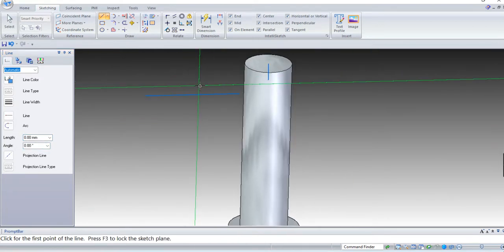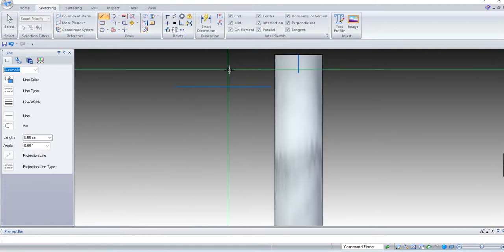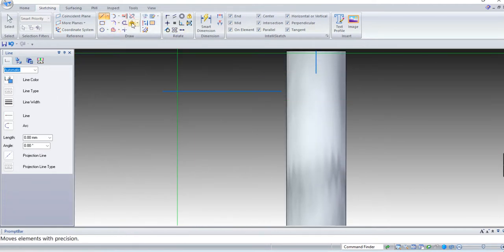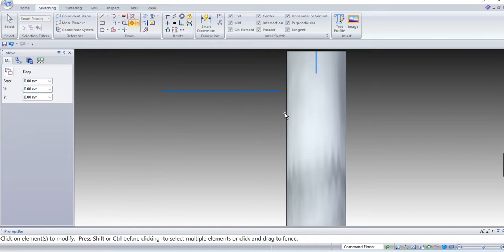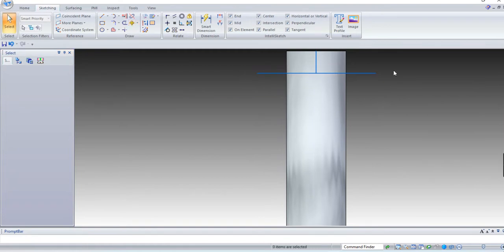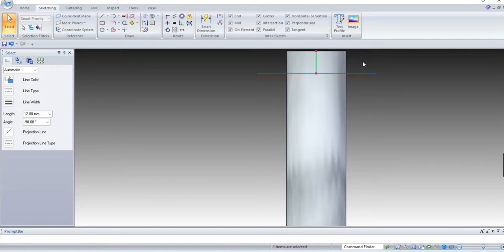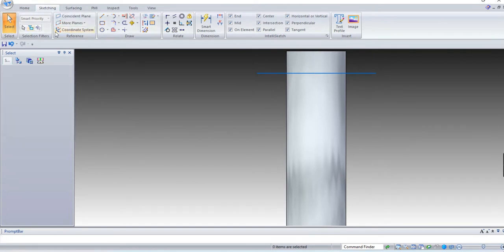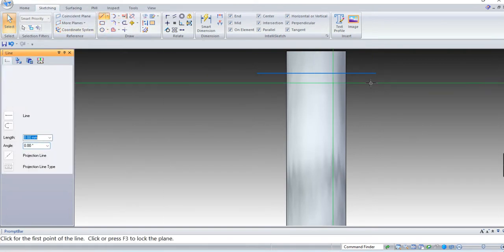Next, select a line. Select a move command. Select this line from the exact center point. Join to this end point. Now delete this. We can delete this line we have taken for reference.